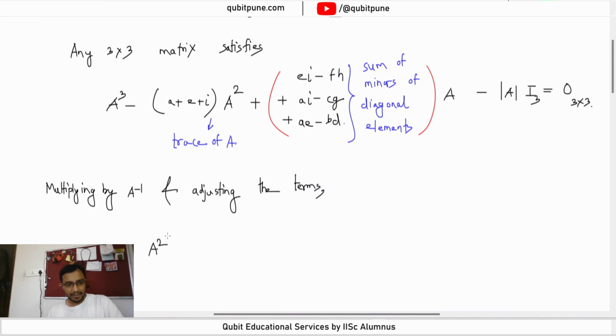I'm writing A squared here, for A cube into A inverse is A squared minus trace of A into A plus, let me call this S, the sum of minors of diagonal elements. Let me write it in red color. And this is going to be the identity matrix now, right? Now I'm going to shift this whole thing to the other side and divide by determinant of A.